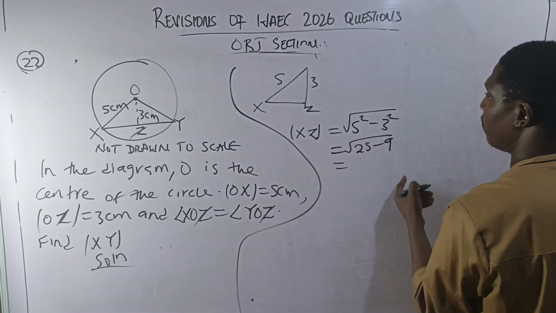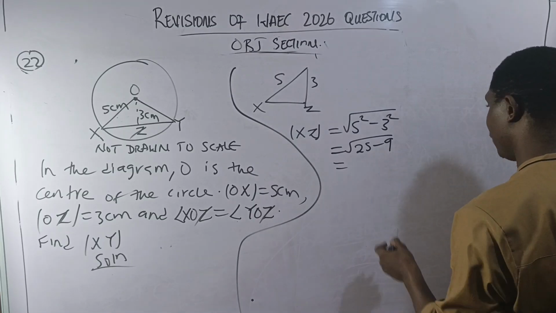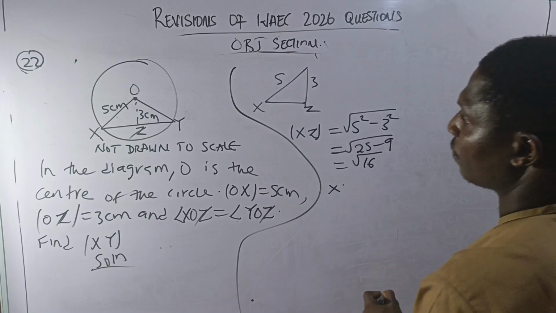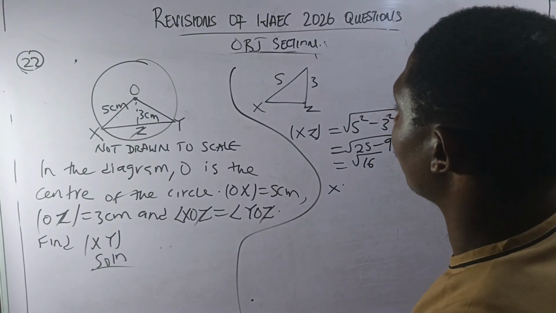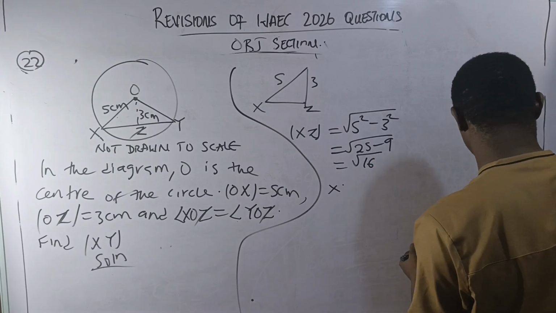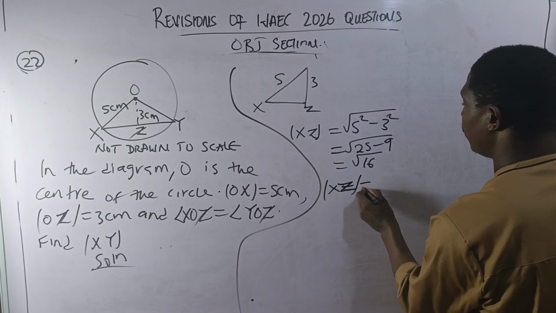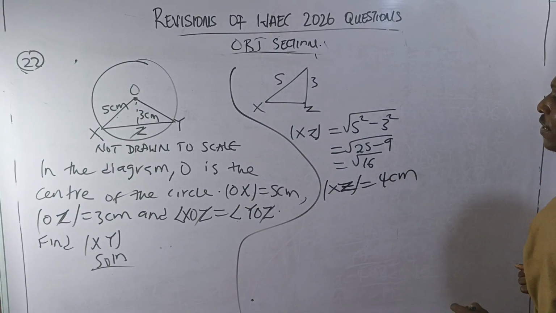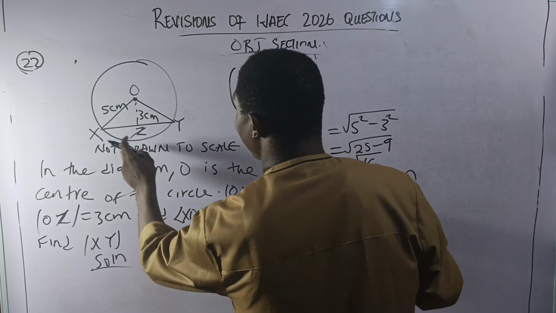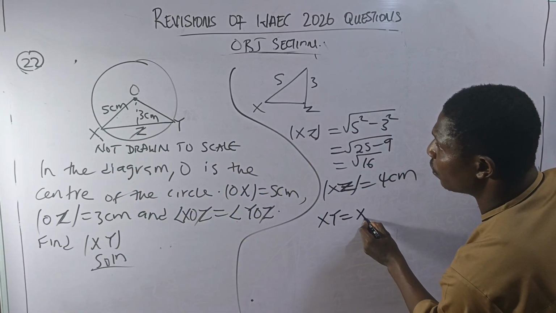And I have 25 minus 9, which gives me 16. So I have the square root of 16, and the square root of 16 gives me SZ equals 4 cm.